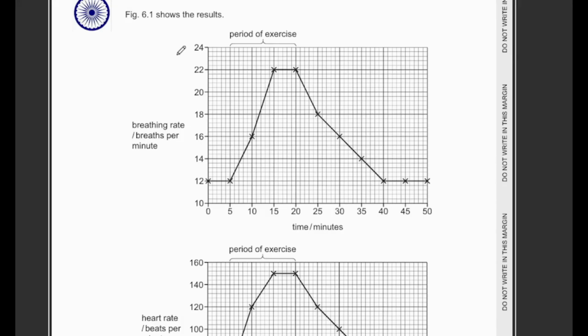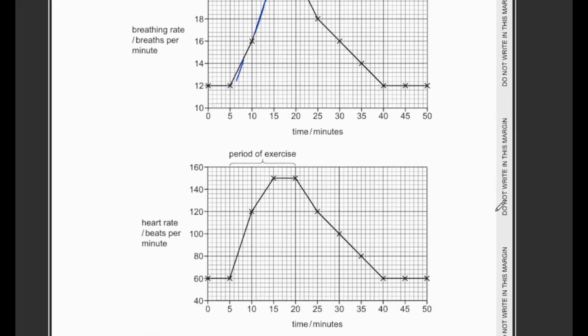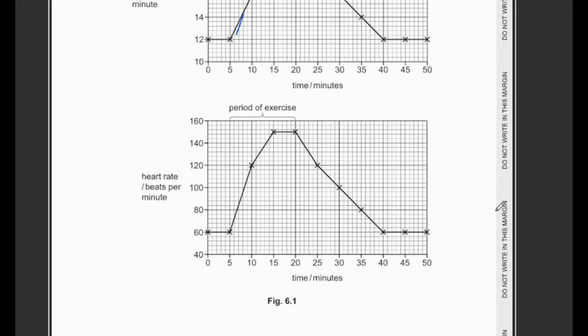As the period of exercise increases, the breathing rate increases, becomes stationary at 15 to 20 minutes, then decreases and becomes normal. Heart rate during the same time also increases as breathing increases, stays stationary from 15 to 20, and follows the same pattern.